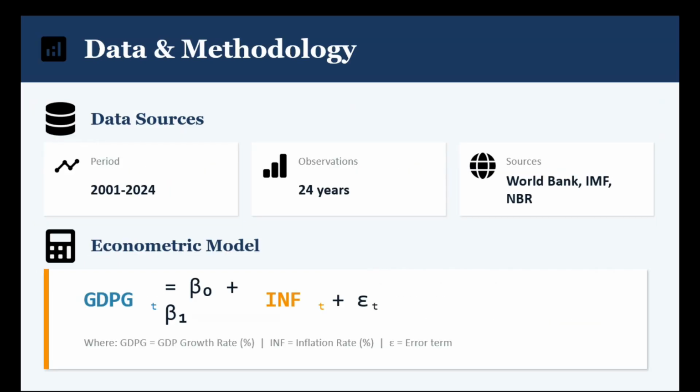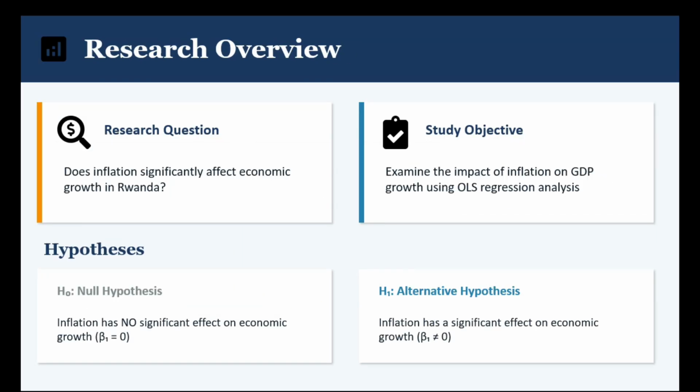It will be to examine the impact of inflation on the GDP using OLS. And then the null hypothesis will be no significance, while the alternative is that it has an impact.